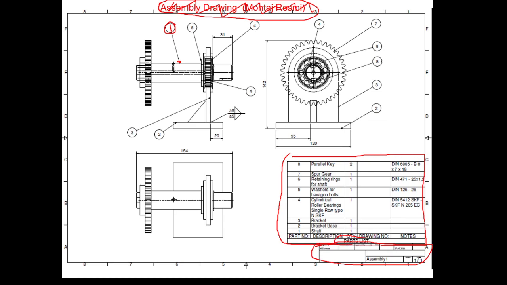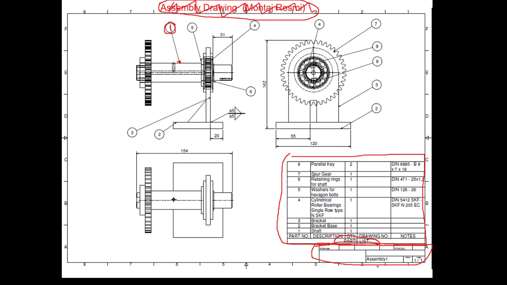Such a title is written to draw the attention of the reader that it is an assembly drawing and that is the parts list. Yes, the existence of a parts list is the second strong indication to directly say that it is an assembly drawing. On a detailed drawing we never have such a table, because it is for a single component and the title block is sufficient to provide the information.